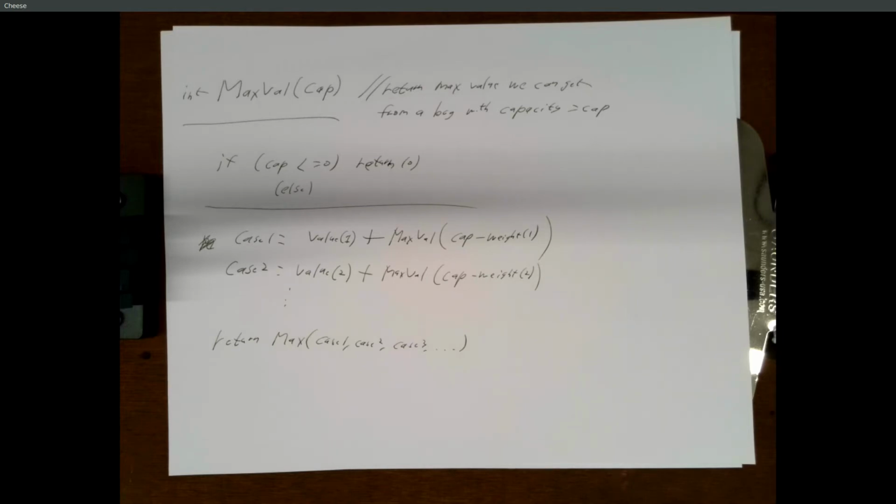So that's a very recursive way to describe the max val function. Basically, for every item in your inventory, calculate the following: the value of that item plus the max val of the capacity of your bag minus the weight of that item. Whichever one of those gives you the largest value, that's the max val for your original capacity.